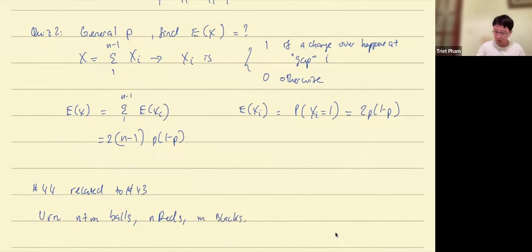So you withdraw one ball at a time, without replacement.